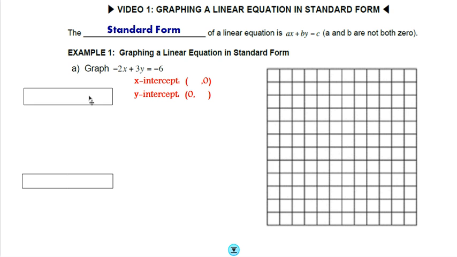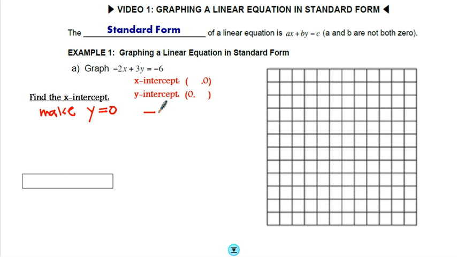First, let's find the x-intercept, because with standard form, you can graph it by finding the intercepts. To find the x-intercept, we make y equal 0, because the x-intercept is when y is 0.